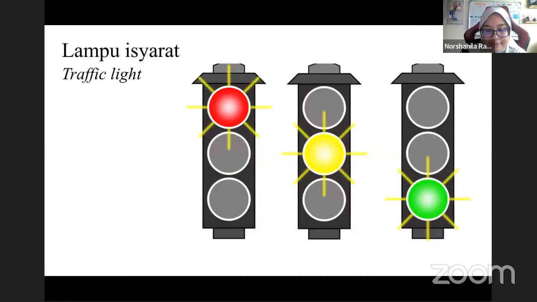Lampu isyarat. Sometimes in Malaysia you are very lucky if the signboard has English words. Sometimes they don't. Sometimes a picture is very useful because a picture is more of a universal sign.